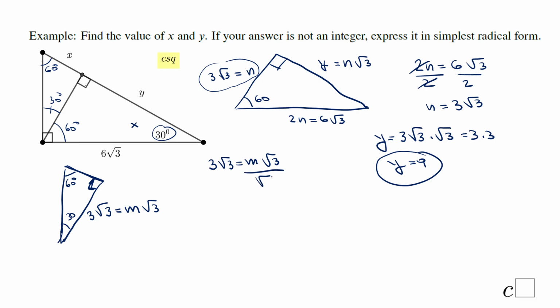And I'm going to divide by square root of 3. And m will be 3. Okay, so what can I do now? Remember, this is on the other side of 30 degrees, and this will be m. That is the x.